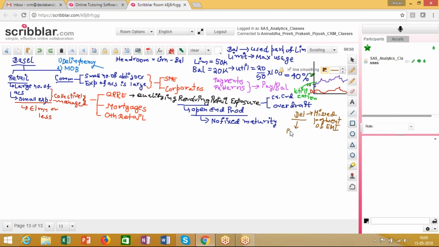So this pattern of delinquency over time gives us an idea about the borrower's willingness, the willingness to pay.